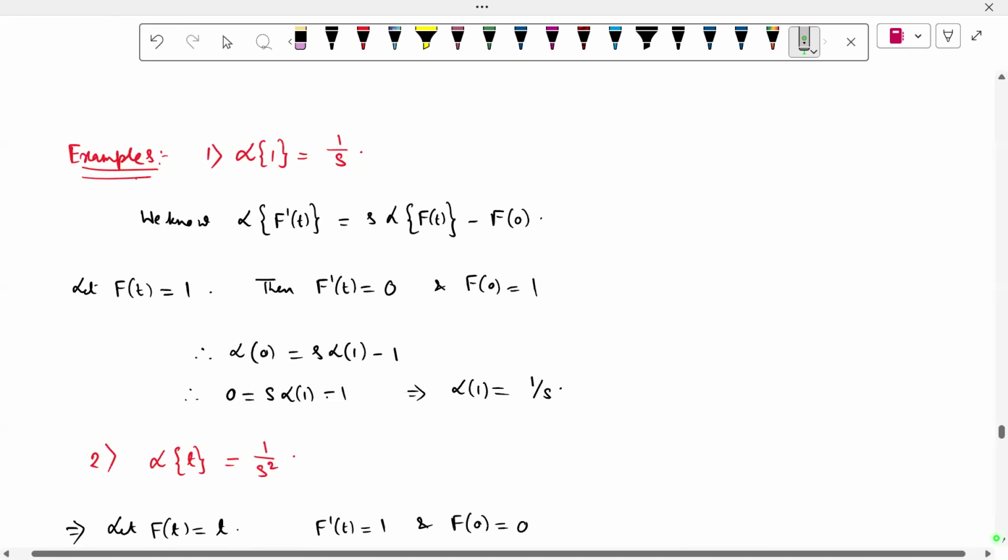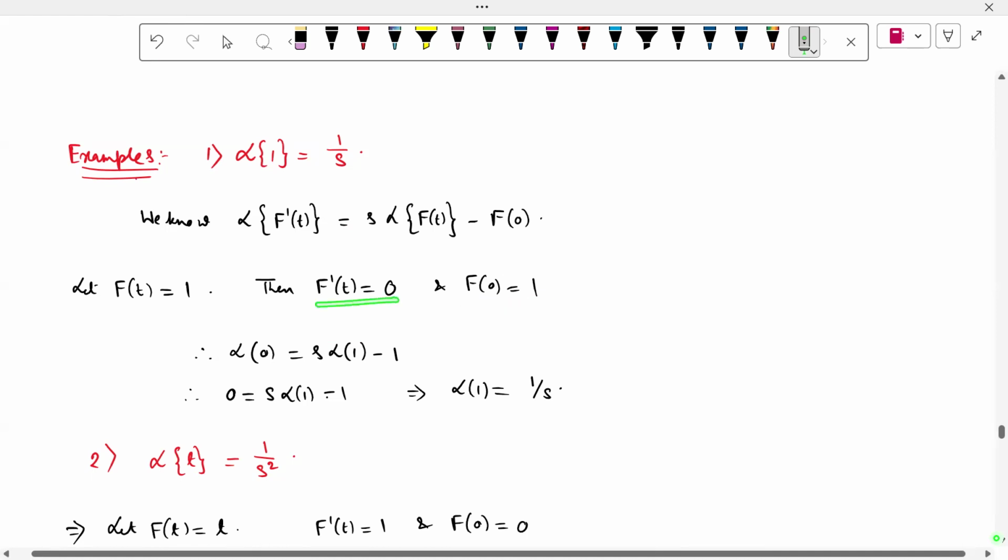Choose your f t as 1, because we want to find the Laplace transform of 1. Then f dash t equals 0 and f 0 equals 1. Because this is a constant function, at every t you get 1, so f 0 equals 1, and differentiating gives 0.